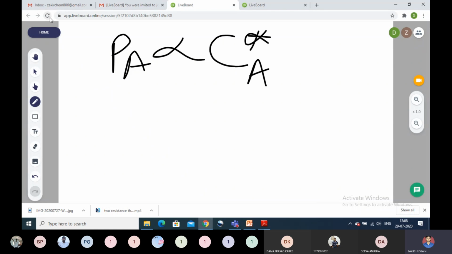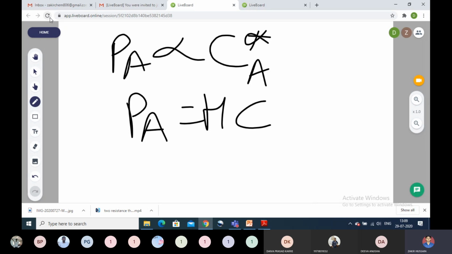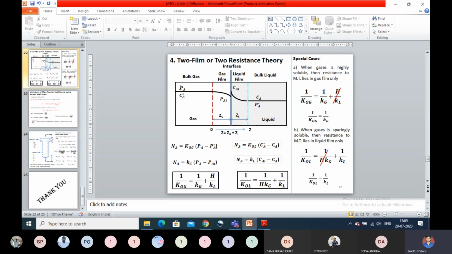The proportionality constant is H, which is Henry's law constant. From the PPT, you can verify this one. PA is equal to H into CA star. Similarly, PAI is equal to H into CAI. Here also PA star is equal to H into CA. So this is what Henry's law is stating.